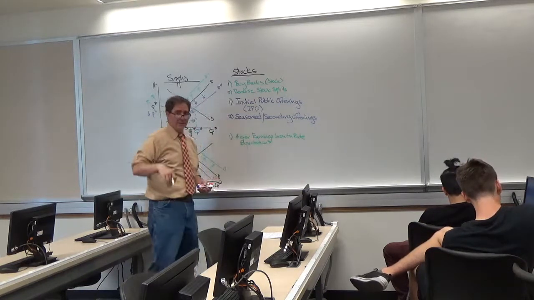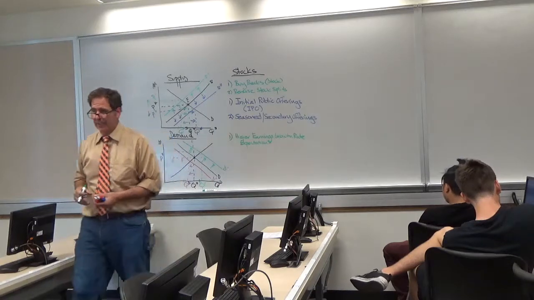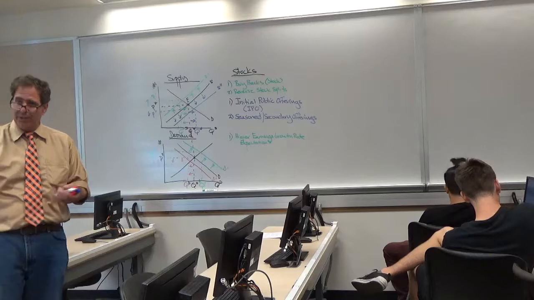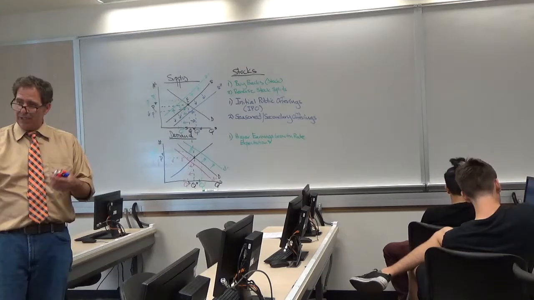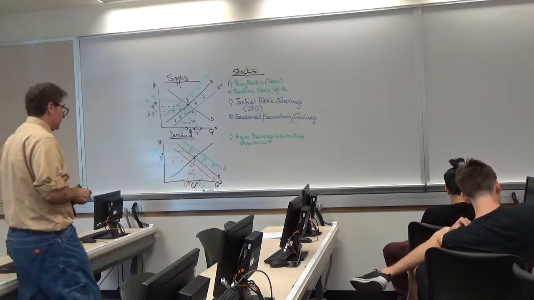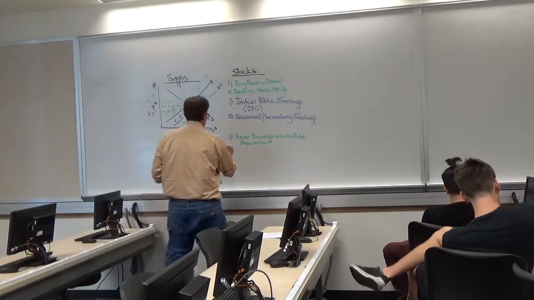The market thinks that the economy is going to increase and companies are going to make more money. If they have more money, they grow more, they have more earnings. If they have more earnings, they pay more dividends. If they have more earnings, they can plow back the money and they can grow their companies faster. So higher earnings growth rate expectations.